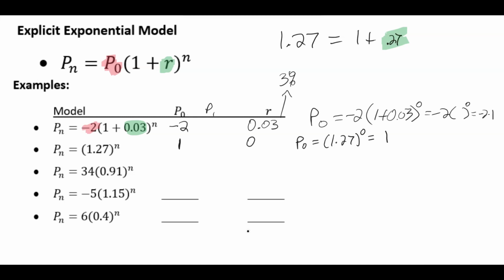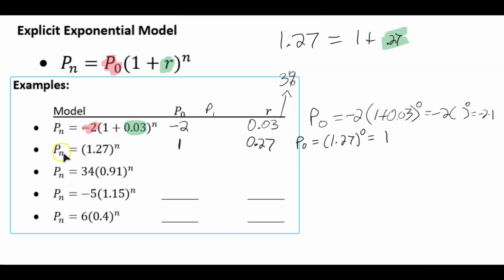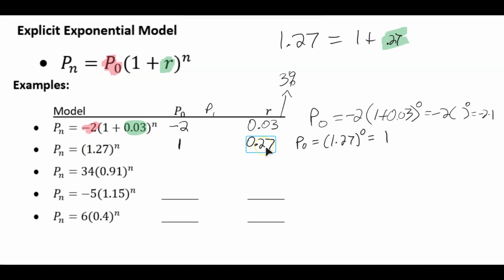So we have 0.27 as the growth rate for example 2. So this is good. We can subtract 1 to go from the explicit model to the growth rate. This will be nice for the next problem. In fact, let's do it now.